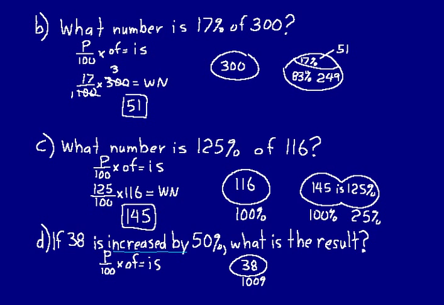If we increase that by 50%, that means we'll have our whole, and then plus basically 50%, that would be half of another one, right? So that would be 38, and then plus another 50%. Or if we're just thinking about percentages, 100% plus another 50%. So we do 150 over 100.